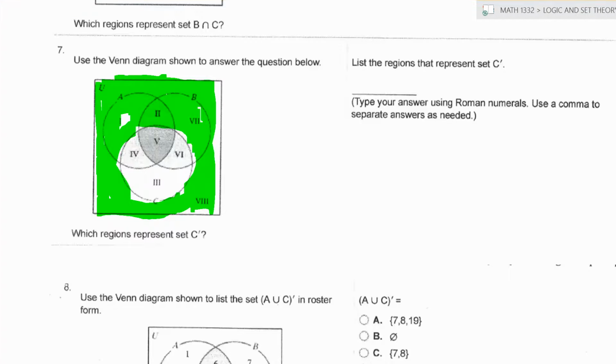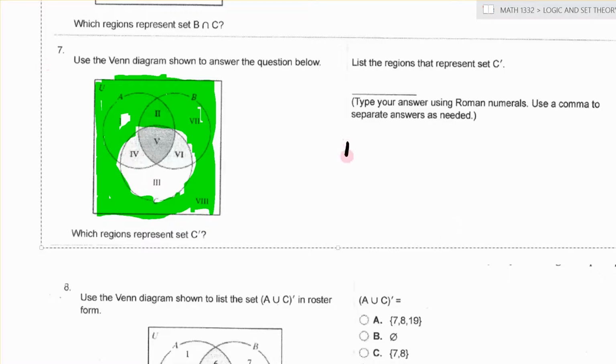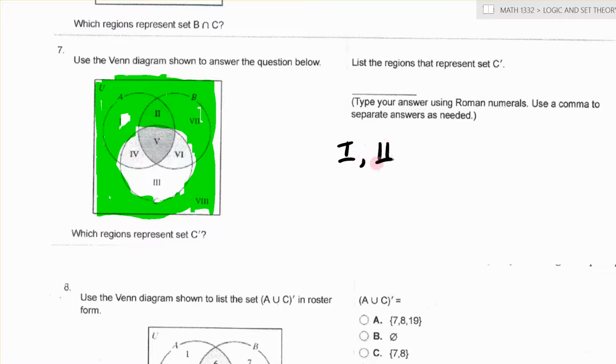So I end up with a picture that has absolutely everything highlighted except C. So my answers are everything in the green area, which is 1, 2, 7, and 8. Those are the things that are in the complement of C, which means not C.